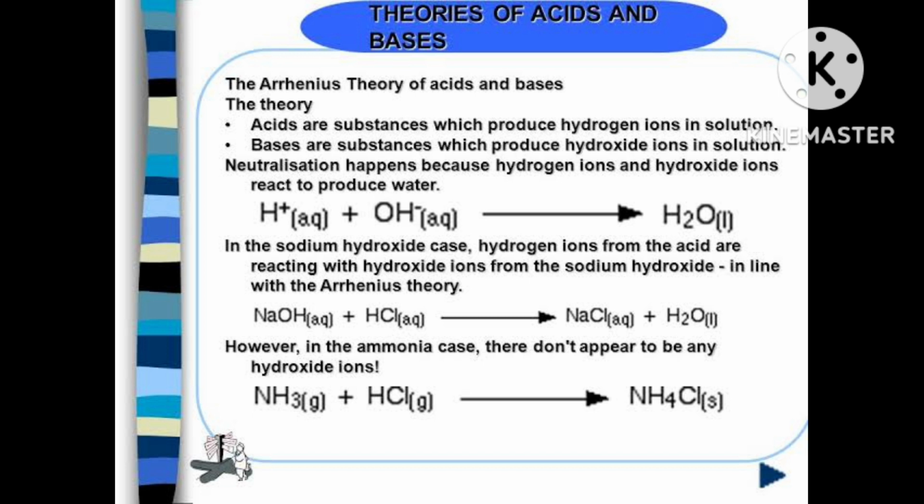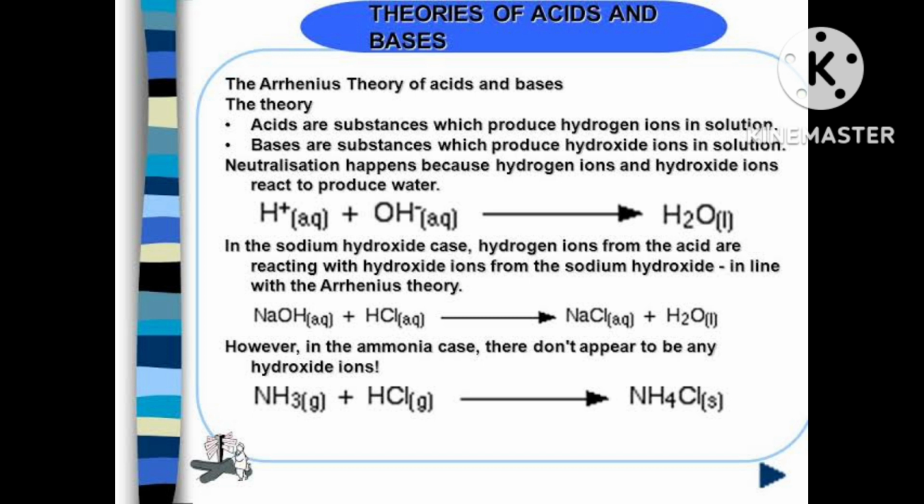H3O+ is produced when water accepts a proton from HCl. Therefore, chloride ion is the conjugate base of HCl, and HCl is the conjugate acid of the base chloride ion.